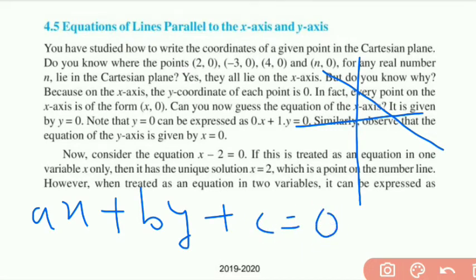It means till now we have studied that if we draw a graph of a linear equation in two variables, it must be a straight line. Okay, this thing we have learned. But in this topic we are going to study equations of lines parallel to the x-axis and y-axis.